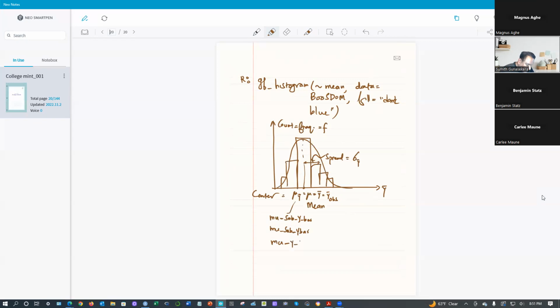This is nothing but sigma over square root n, which is S over square root 157, where S naught means the sample standard deviation.